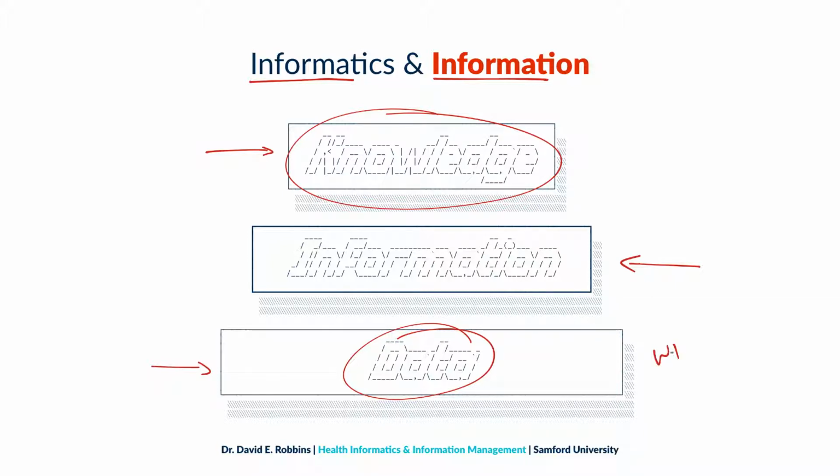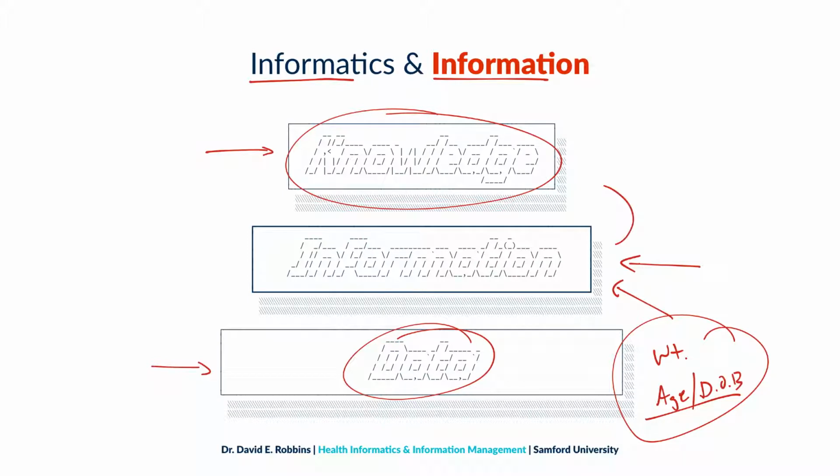This could be something like a patient's weight or age, or their date of birth, their body temperature, their blood pressure, all these sorts of things. When we put this together, we are able to develop information about that particular patient. Maybe we realize this patient has a particular disease or condition that we need to treat. And then that information, as we see it across many examples, leads to additional knowledge.